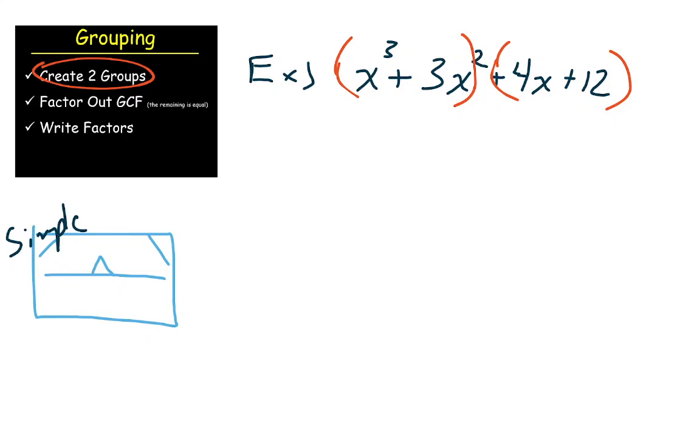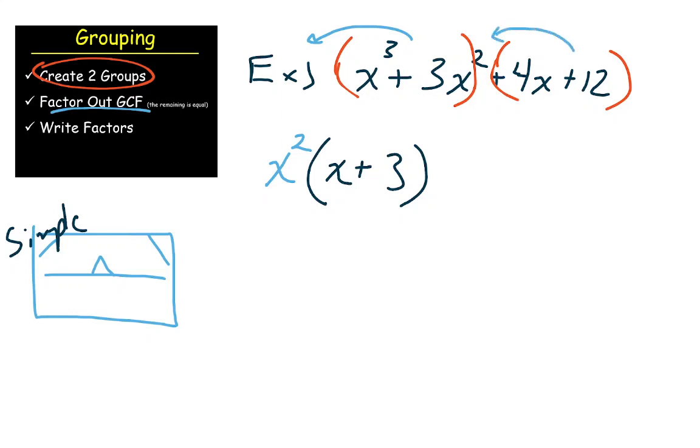Now, each one of those groups has a GCF that I can factor out. I can factor something out of x cubed and 3x squared. That's right, it would be an x squared. That would be the greatest amount of x that is common to x cubed and 3x squared. So I took out a GCF.